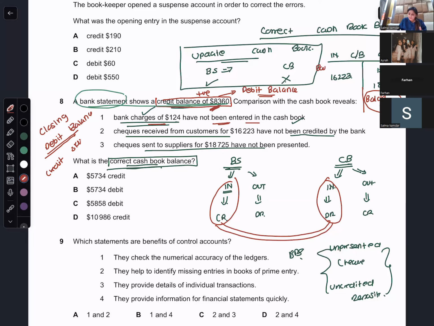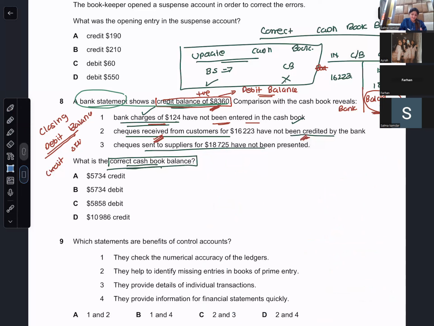What do I want? I want the correct cash book balance. Now I have received this check from the customers, but nothing has been done in the bank. 8360 is the balance as per whom?